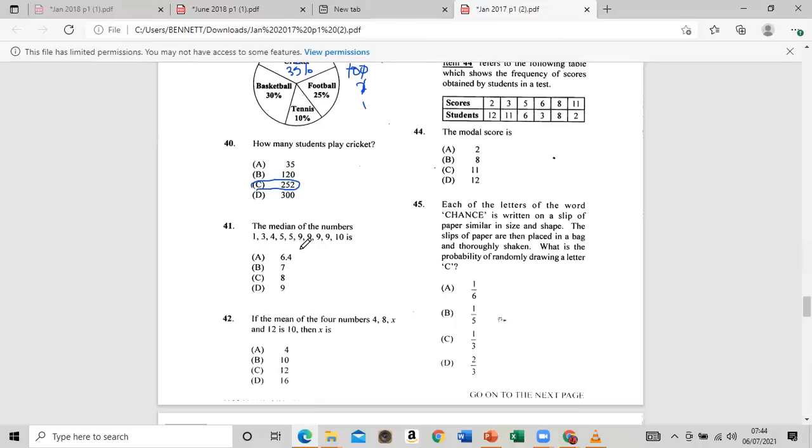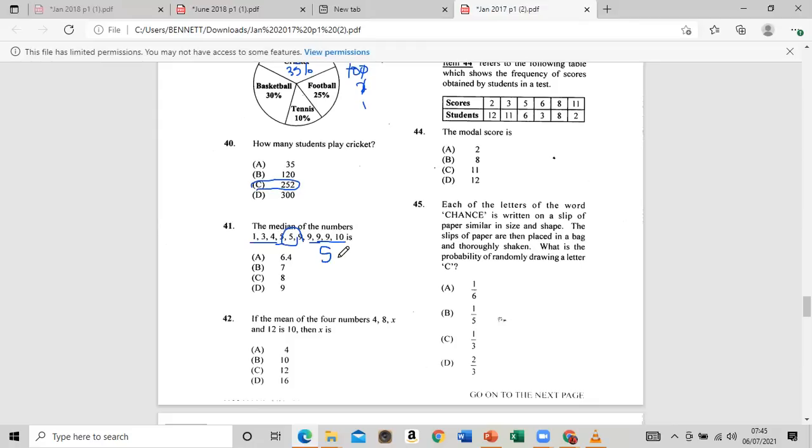The median of the numbers. Alright, so it's already in ascending order. So let me take off the first 3. Alright, so we still have not reached it. 1, 2, 3, 4. 1, 2, 3. We have to make sure now. So 5 and 9. 5 and 9 are 14.